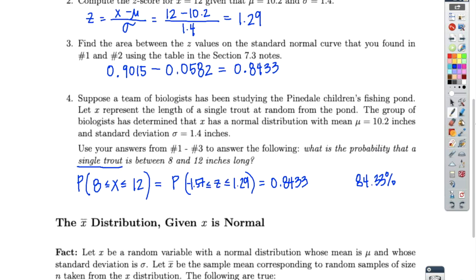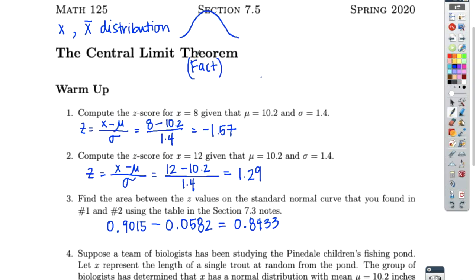But remember, in section 7.4, we were kind of moving over to a different distribution. We were not talking about the length of a single fish. We were talking about the average, the mean lengths of a small sample of fish. Because if you remember, the setup was that each child at this Pinedale Children's Fishing Pond catches 5 fish.